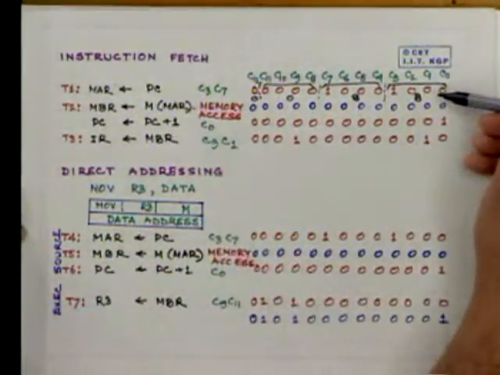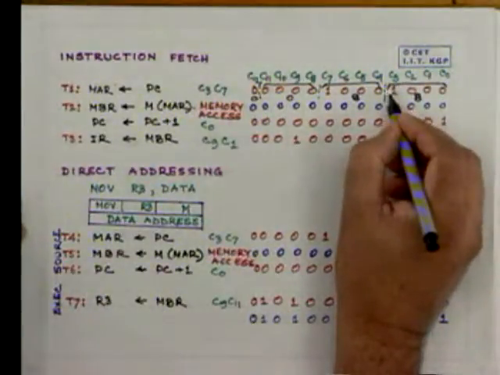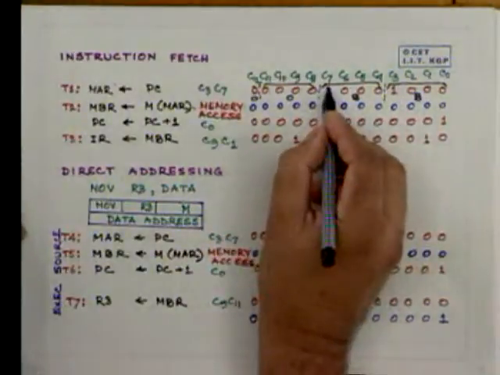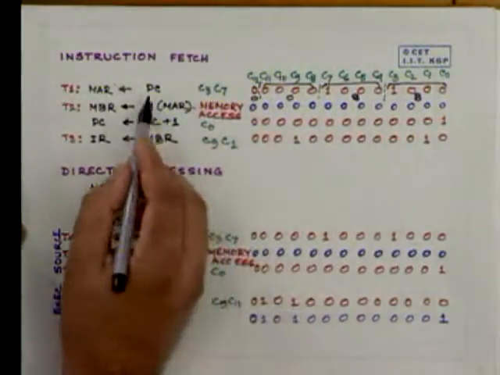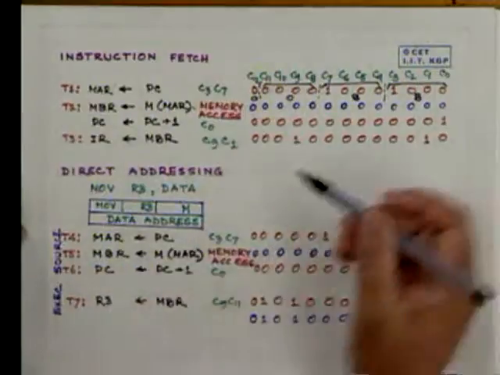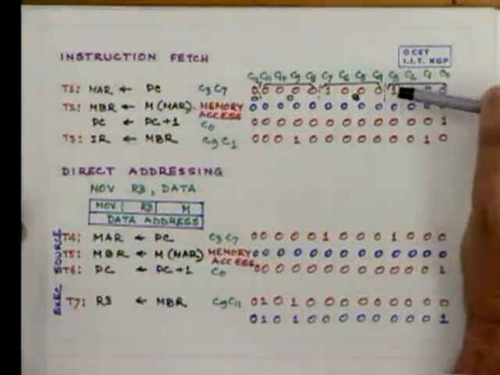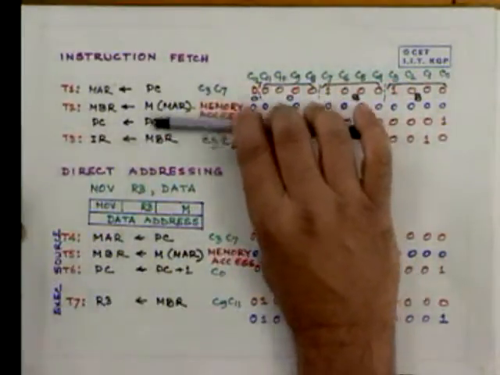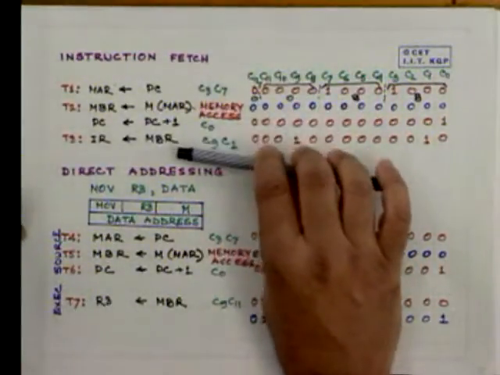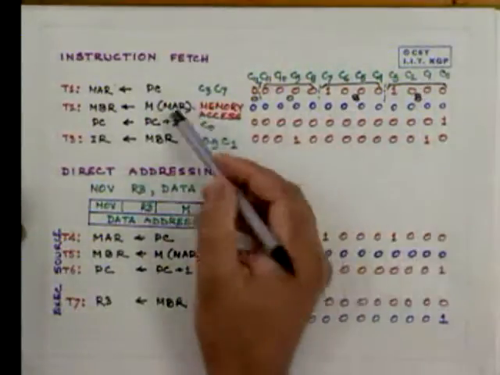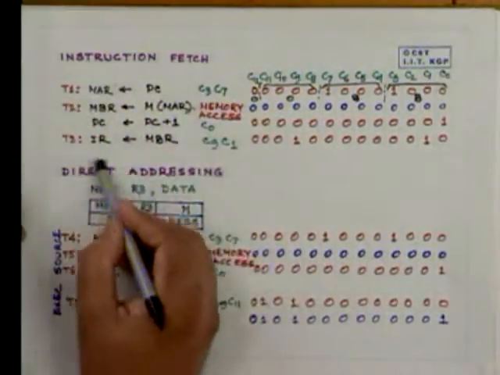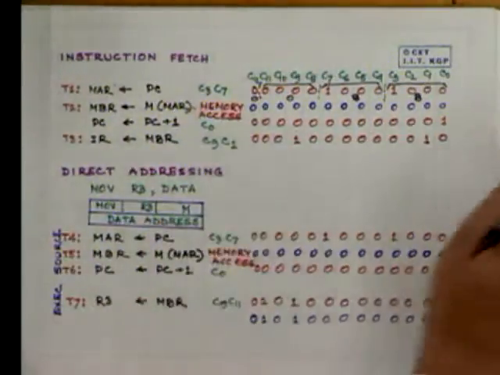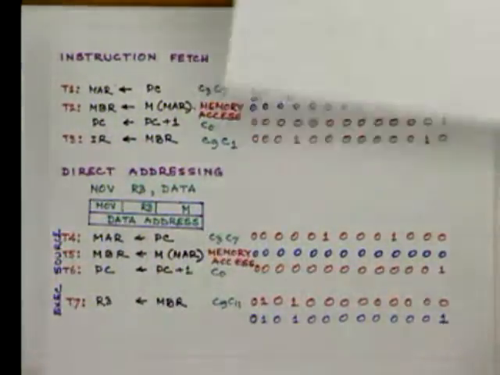Now, this is a control word. Each one of them we call a micro operation. For example, this is a micro operation, this is a micro instruction. Now, if we arrange these micro instructions one after the other, the way that they should be executed, this forms what we call a micro program.